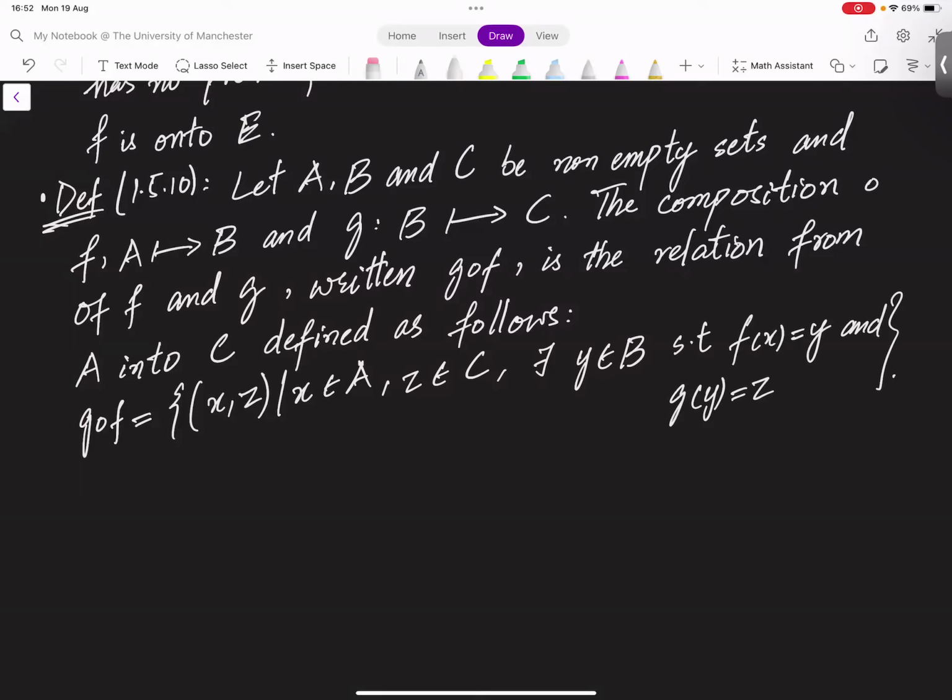This is how we combine the functions. So this is a composition of relations.